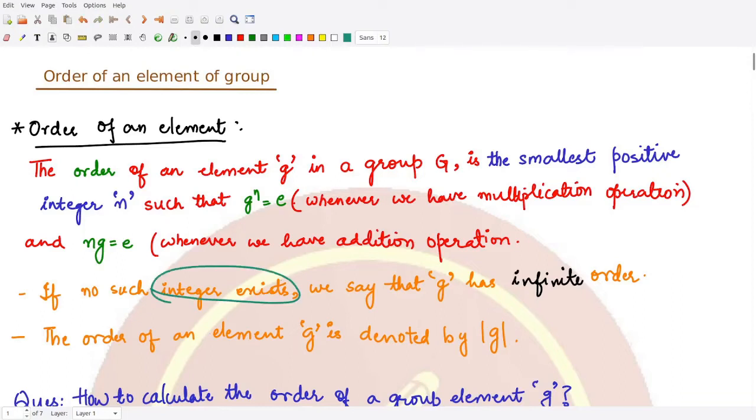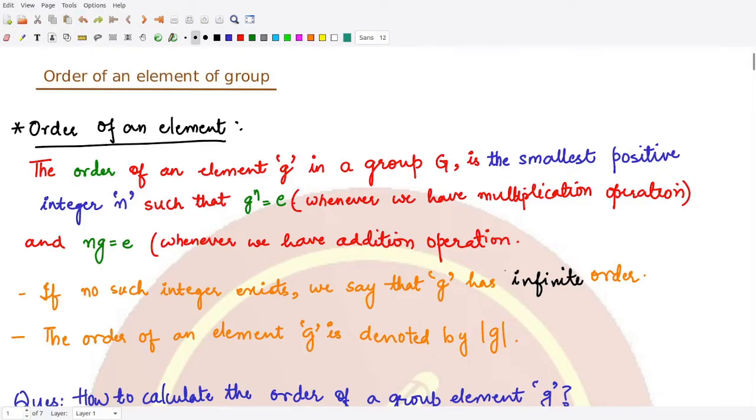Whenever no such integer exists, we say g has infinite order, and we denote the order of an element by writing the same element g under two straight lines. So this represents the order of an element of a group.